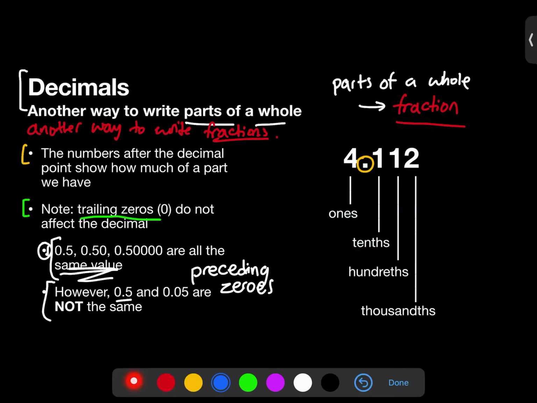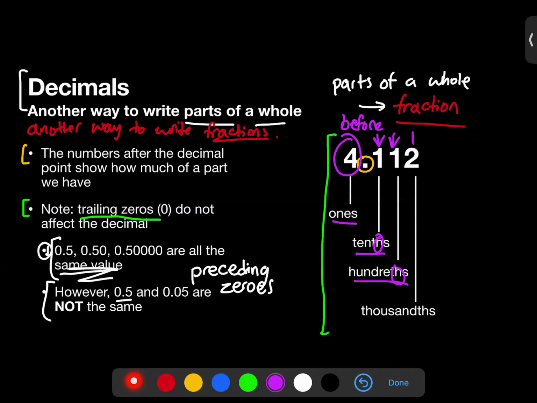Okay, so this is how we describe the decimal. Each value in the decimal has a specific name. The number that comes right before the decimal, remember, is called the ones place. Now, once we go after the decimal, the first number is called the tenths place. The second number is called the hundredths place.